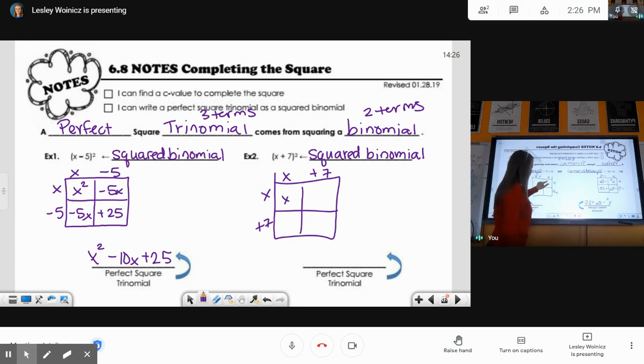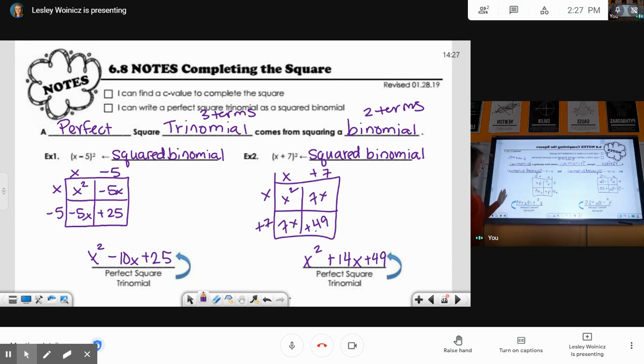That gives me x squared, 7x, another 7x, and then 7 times 7 is positive 49. So when I combine my like terms, the 7x's, I get x squared plus 14x plus 49. And that is my perfect square trinomial.